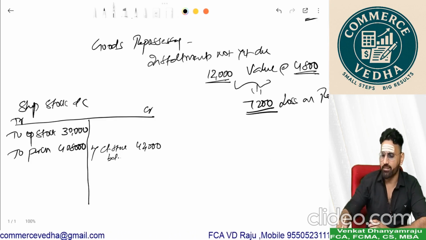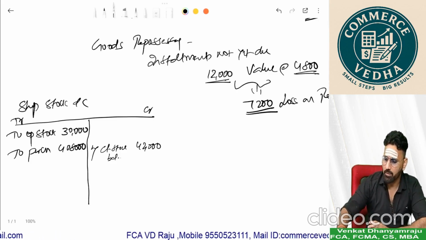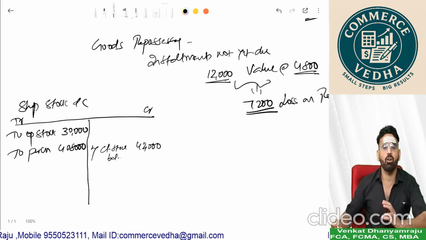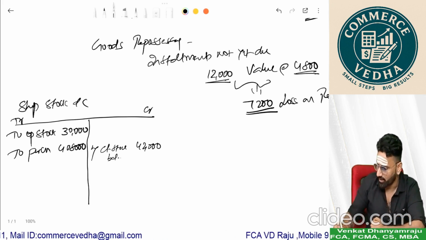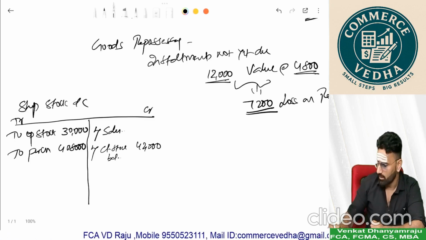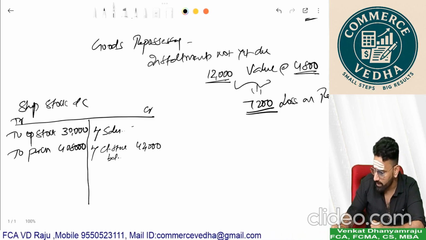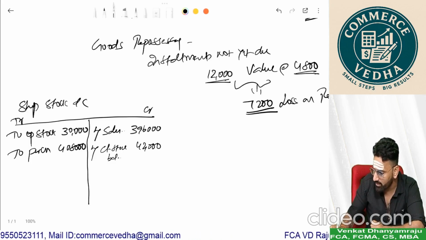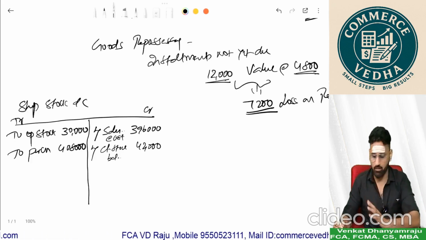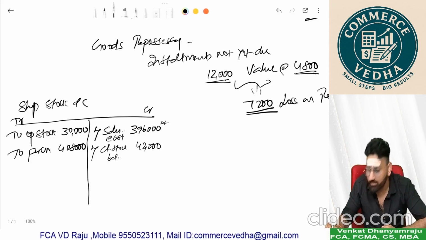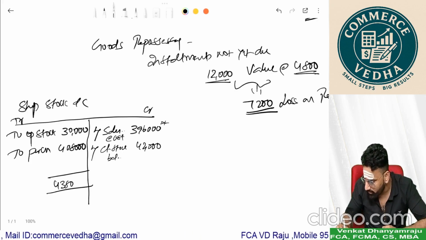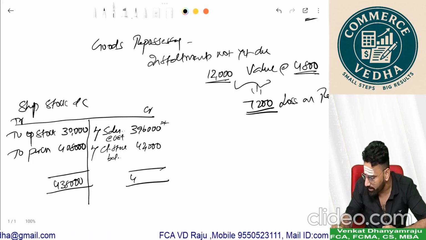Now the difference: 4,08,000 plus 30,000 minus 42,000 is actually what you sold to customers. So we can say by sales, which is 3,96,000, but this is sales at cost, because the shop stock account represents cost. So with this, your working note number one is completed.